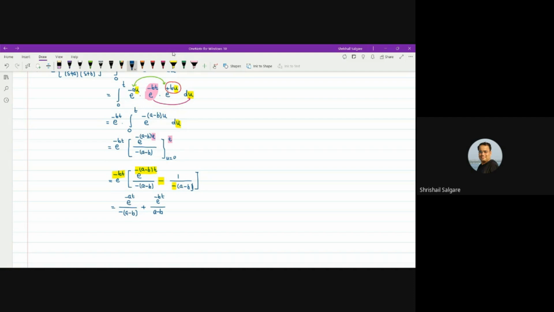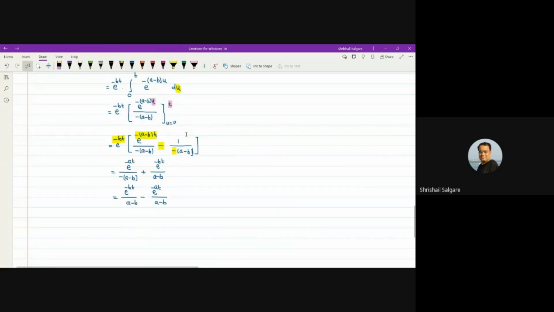Now we will consider this as the final answer. So the positive term I will write as e to the power minus bt divided by a minus b, and minus e to the power minus at divided by a minus b. Further simplification is not possible.